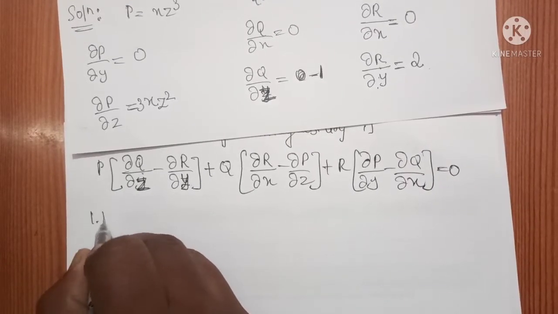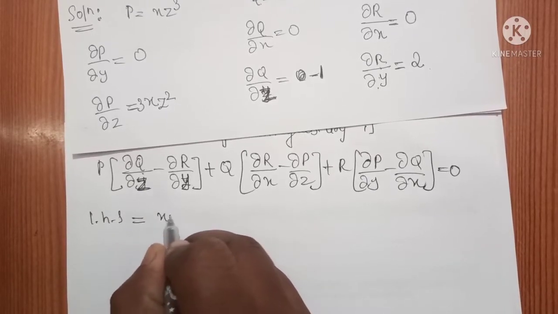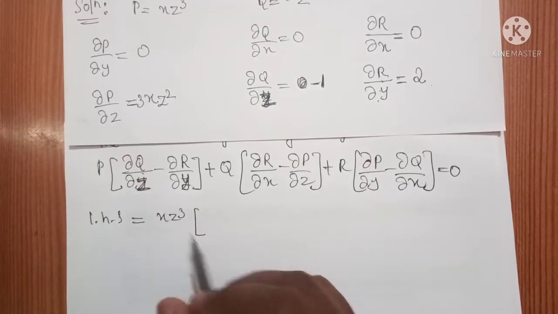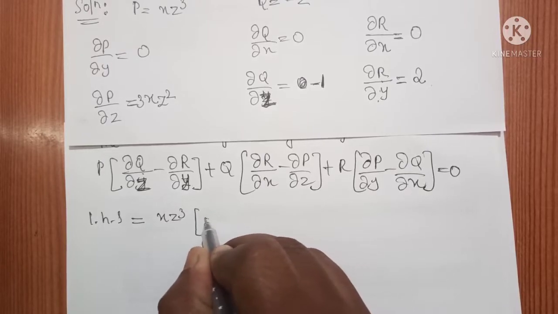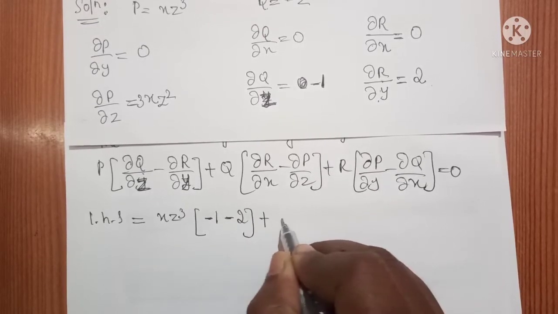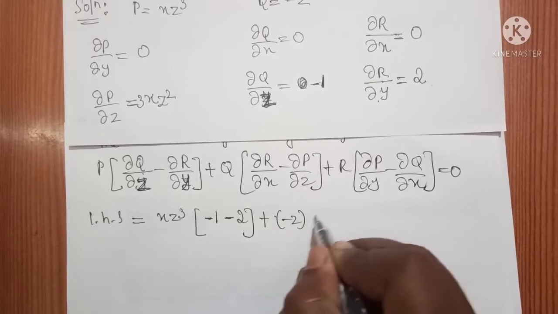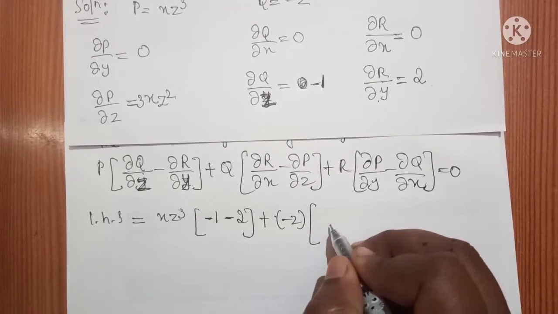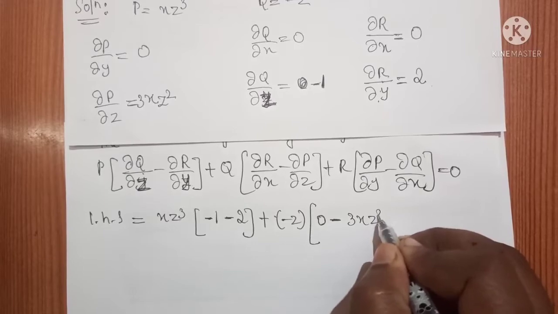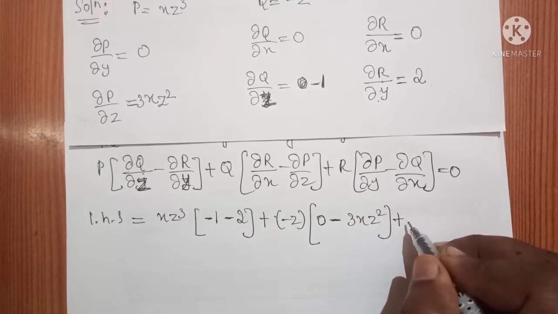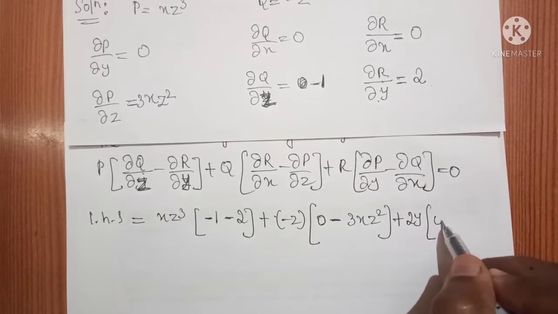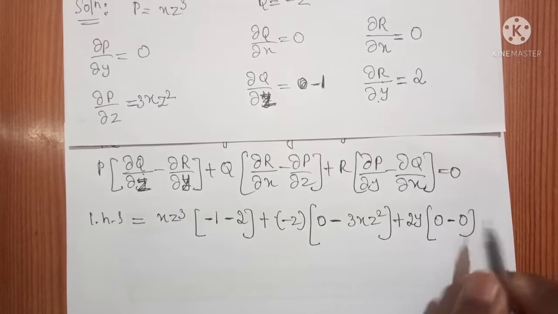Now substituting values in the LHS, P value is x z cube, dou Q by dou z is minus 1, minus dou R by dou y is 2, plus Q is minus z, dou R by dou x is 0, minus dou P by dou z is 3xz square, plus R value is 2y, dou P by dou y is 0, minus dou Q by dou x is also 0.